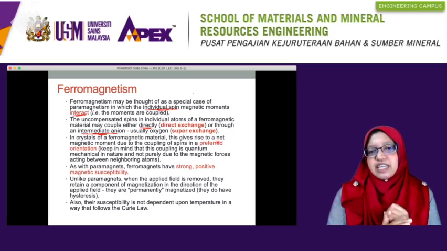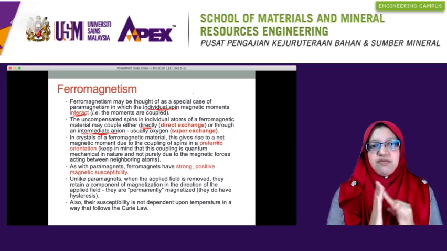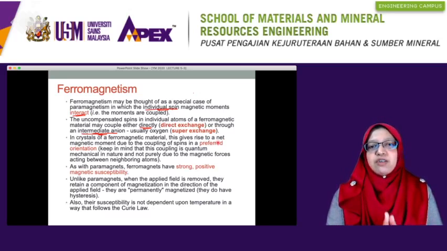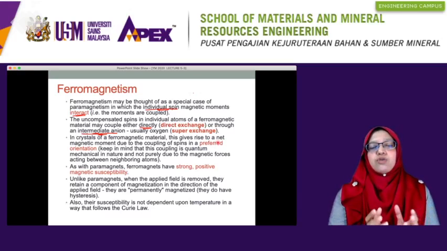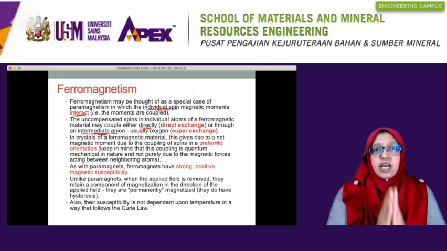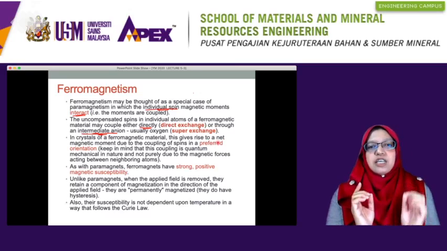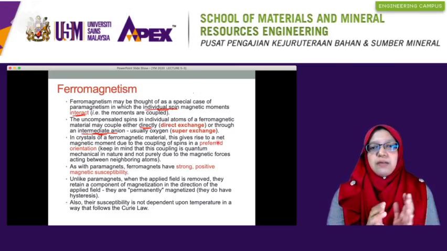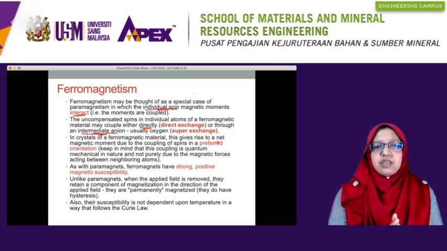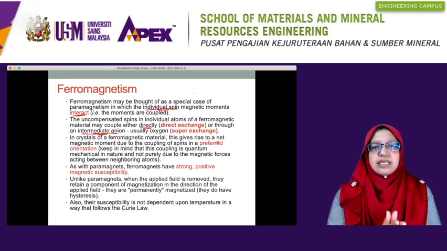So we have direct exchange and super exchange in ferromagnetism. In a crystal of a ferromagnetic material, this gives rise to a net magnetic moment due to coupling of spins in a preferred orientation. Keep in mind that this coupling of spins is quantum mechanical in nature and not purely due to magnetic force acting between neighboring atoms.